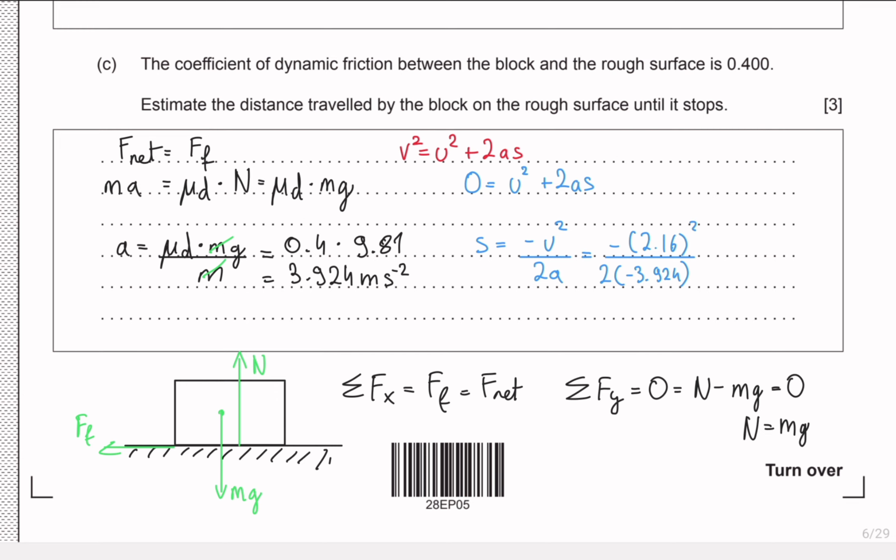As our acceleration is in the opposite direction to our motion, we are obviously moving this way with the block. Frictional force opposes the direction of the velocity, so it's going to be a negative sign, and that's how these negatives will cancel out, and we'll be left with a positive displacement of 0.594 meters.